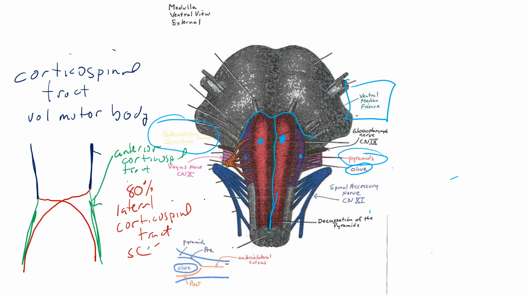Again, pick a term. It really doesn't matter. But the olives are associated with motor system control. Then, in between the pyramid and the olive, there is an indentation.